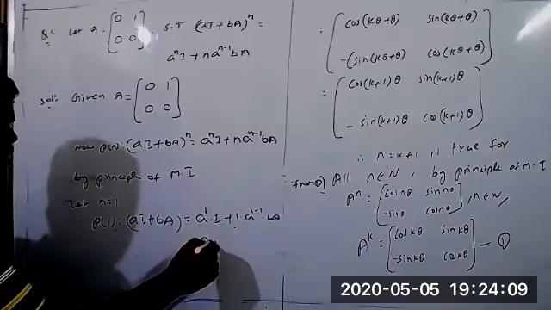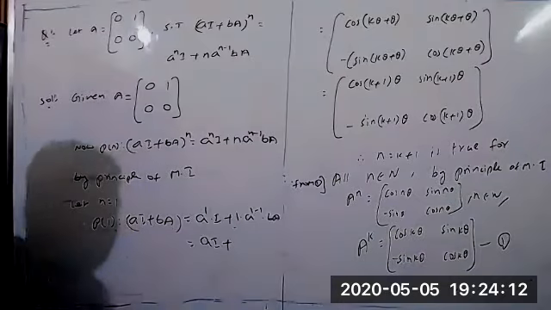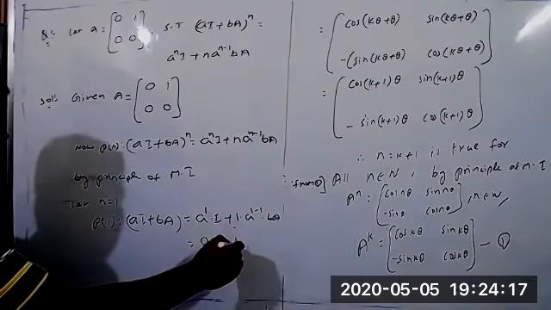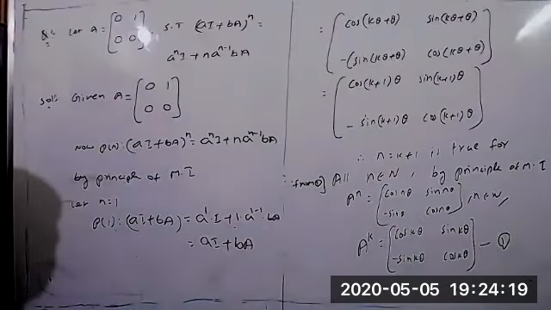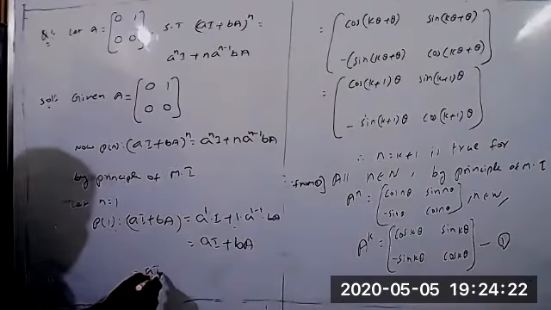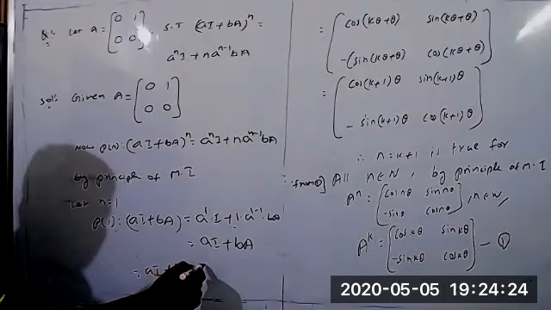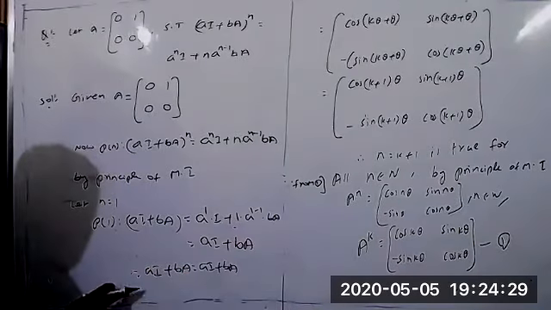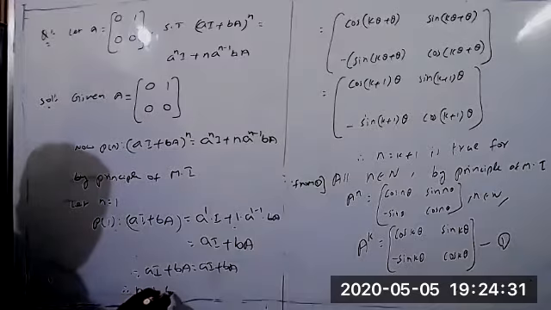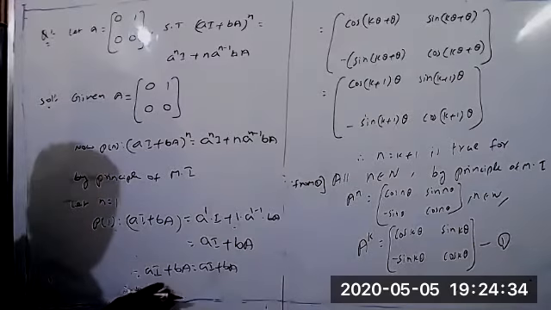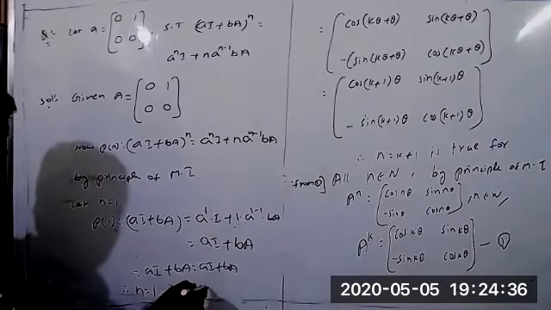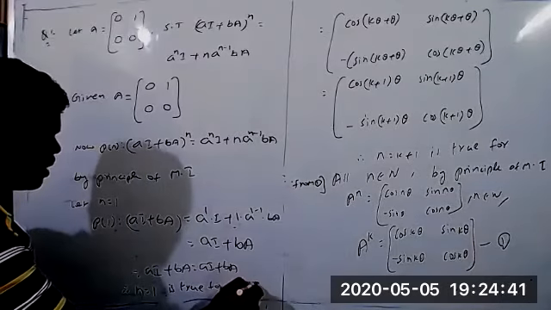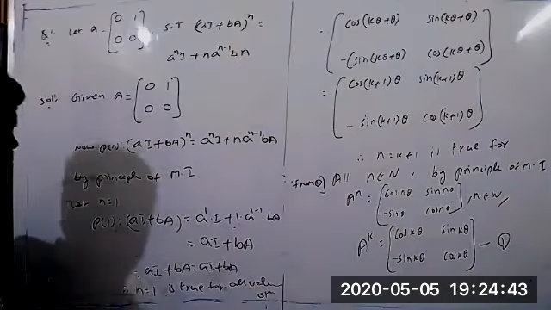Simplify: a power 0 equals 1, so 1 into 1 equals 1, and 1 into anything gives the same value. So we get aI plus bA. Clearly LHS equals RHS, therefore the statement is true for n equal to 1.